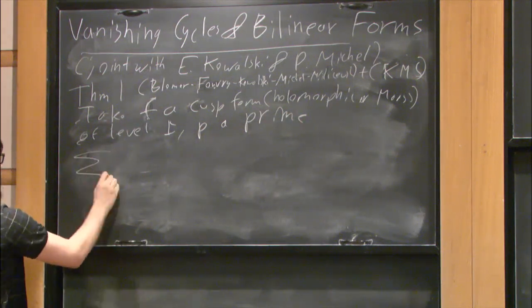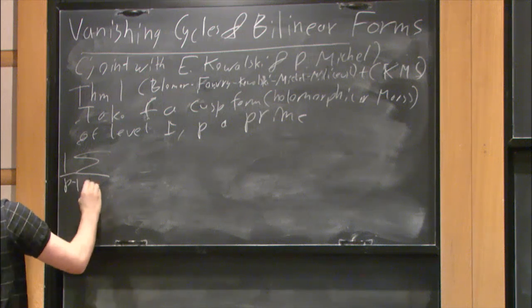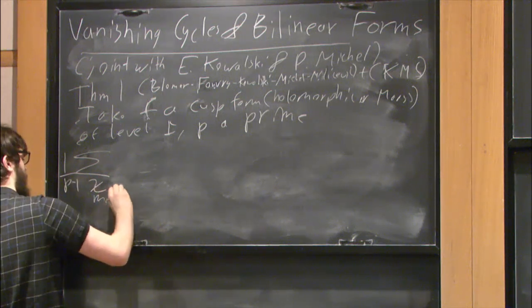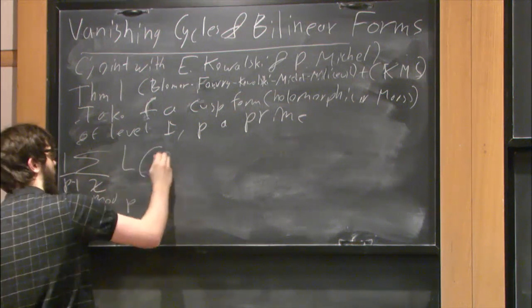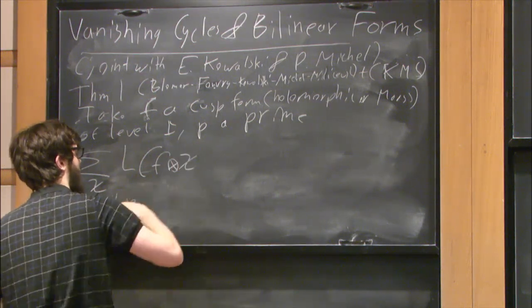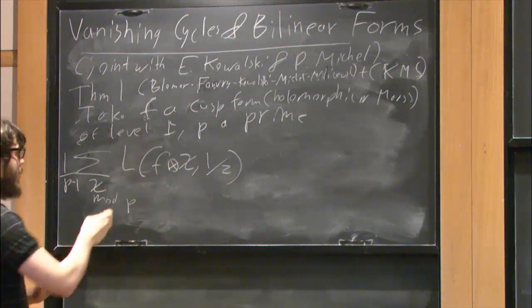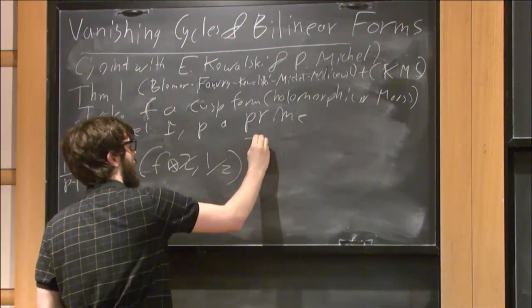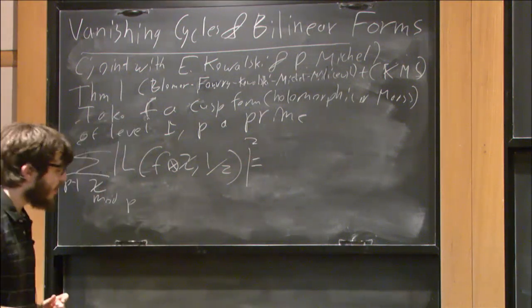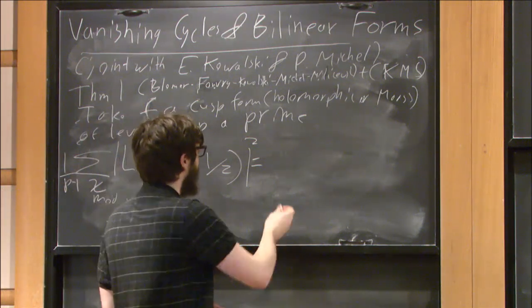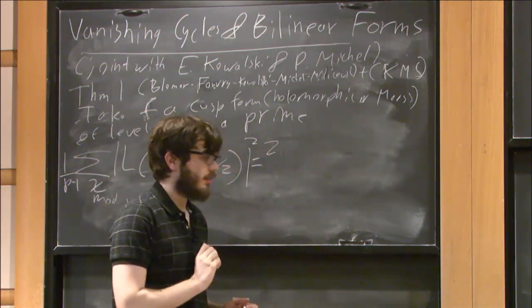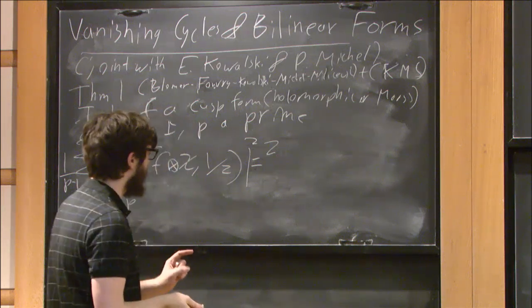Then if we sum over Dirichlet characters mod p, the special value of the L-function at the central point squared, this is given by the obvious formula.